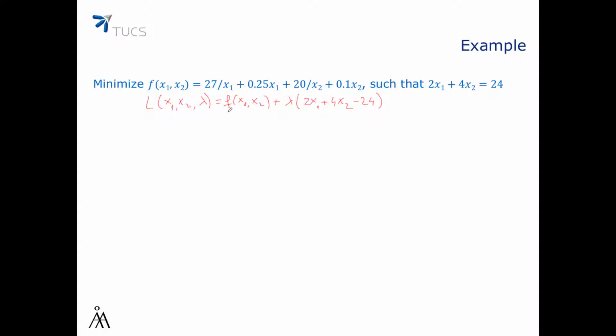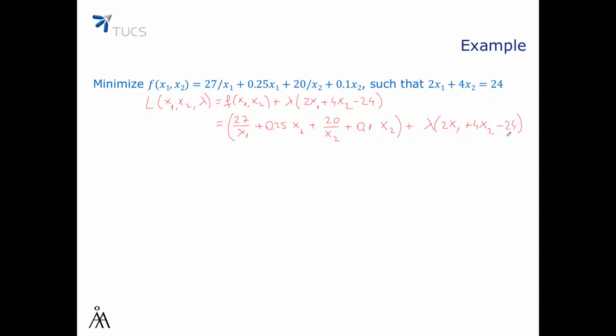And so this is a good merit function because we want to minimize this, but we also want to stay as close as possible to satisfying this constraint. So this is equal to 27 over x1 plus 0.25 x1 plus 20 over x2 plus 0.1 times x2 plus lambda times (2x1 plus 4x2 minus 24).